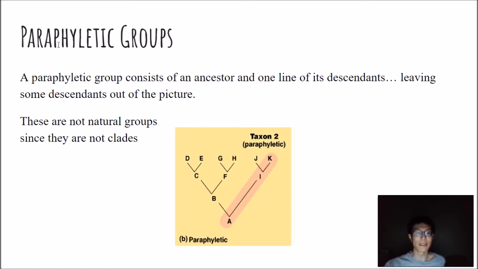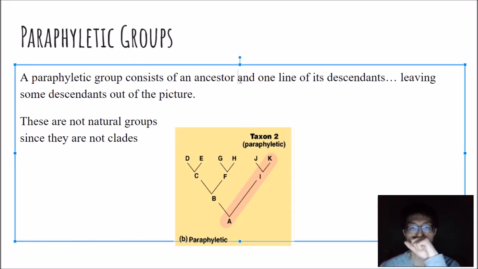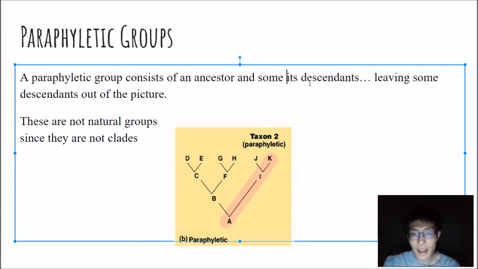The second group is the paraphyletic group. The paraphyletic group consists of an ancestor, so we're still choosing one single common ancestor, and some of its descendants.